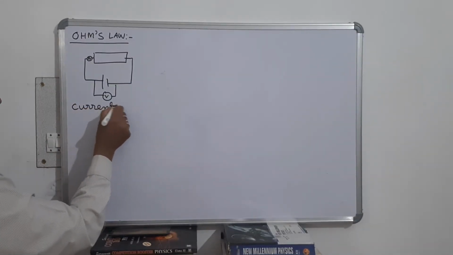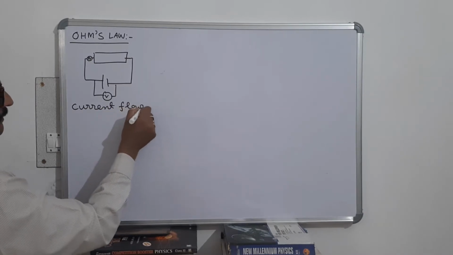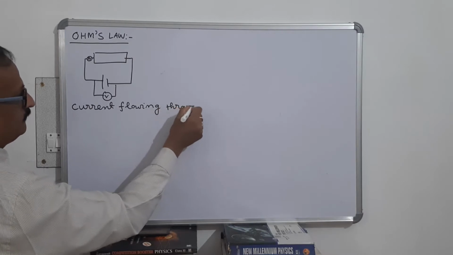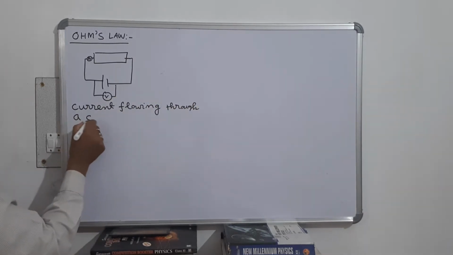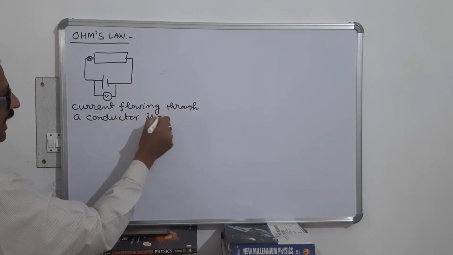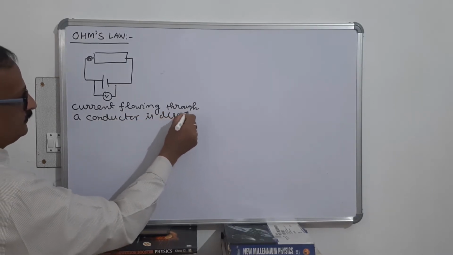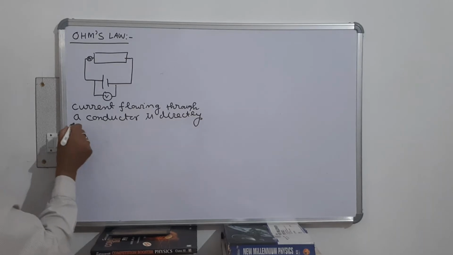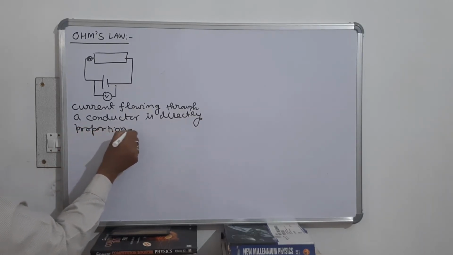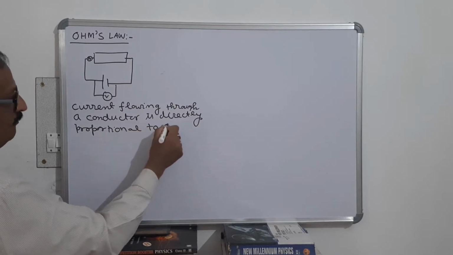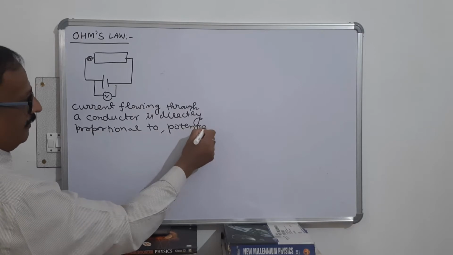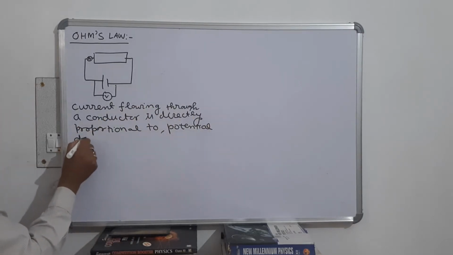Current flowing through a conductor is directly proportional to potential difference across it.